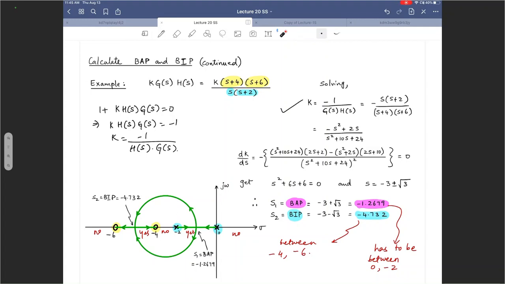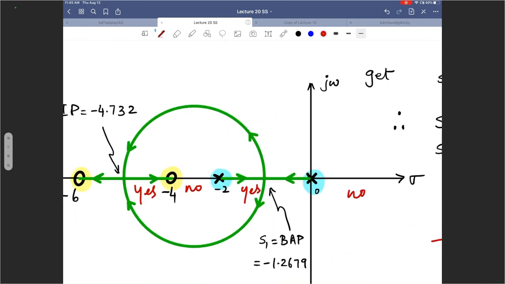Now, let me ask you another question. Can we find out the value of k at the breakaway point and the break-in point? Is there a way for us to do that? How do I find out the value of k at the breakaway point? Over here, k is 0.